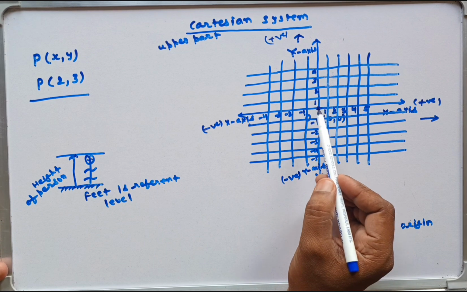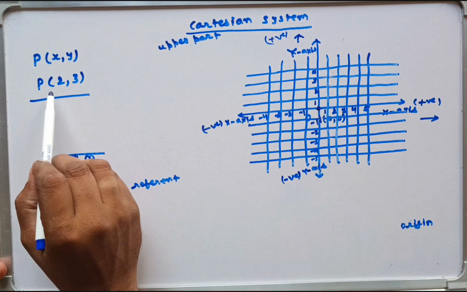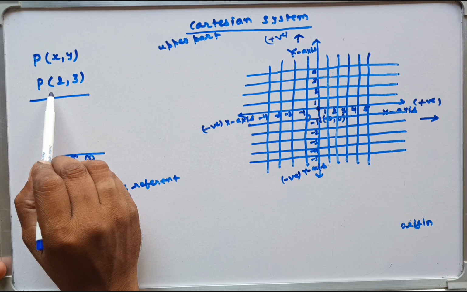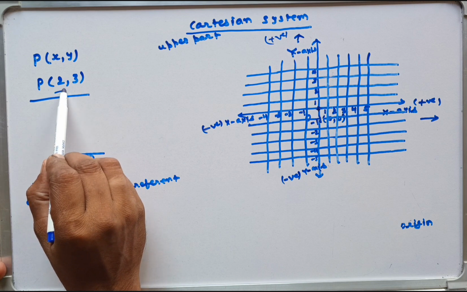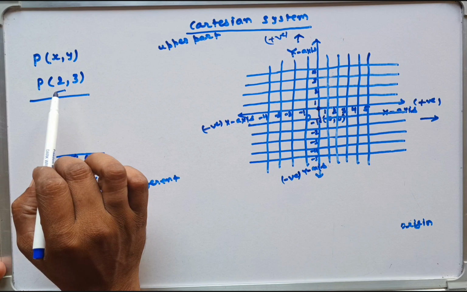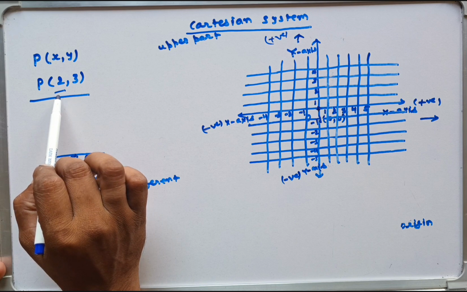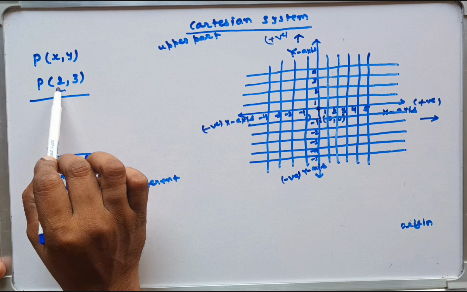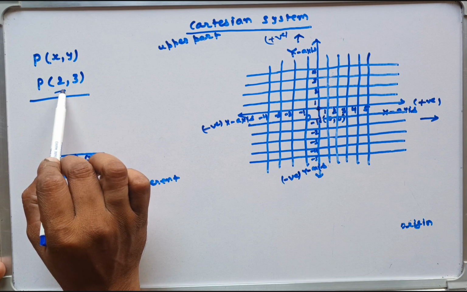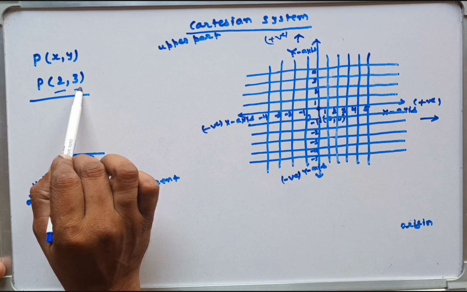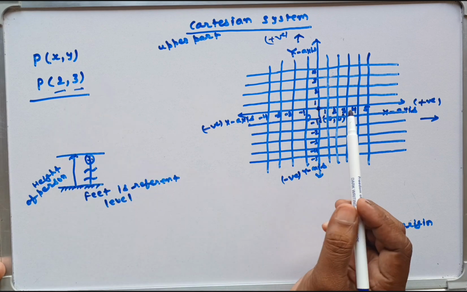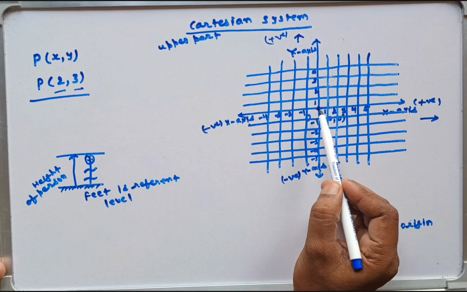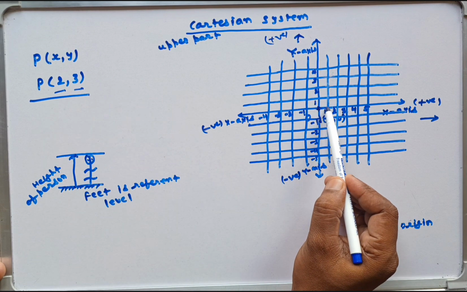See here, first we move along the x-axis 2 steps, because it is assumed that the first numeric value is the value along the x-axis and the second numeric value is along the y-axis vertically. So this one is the first step 1, then 2.